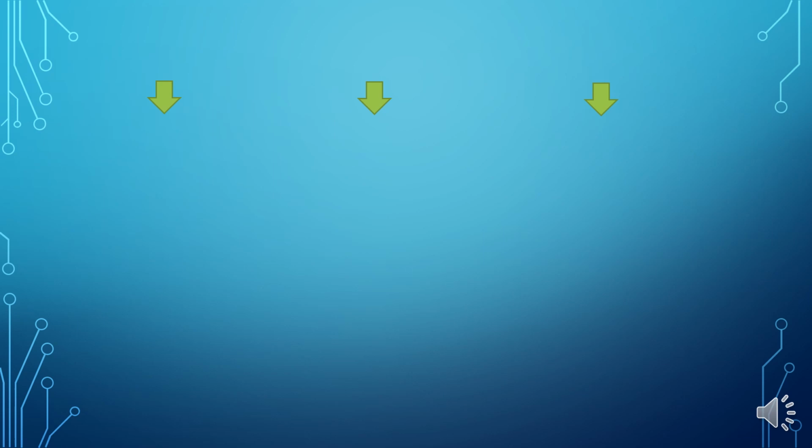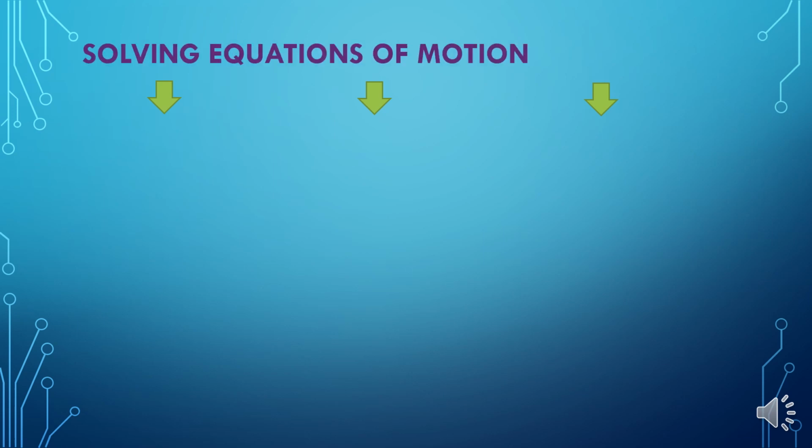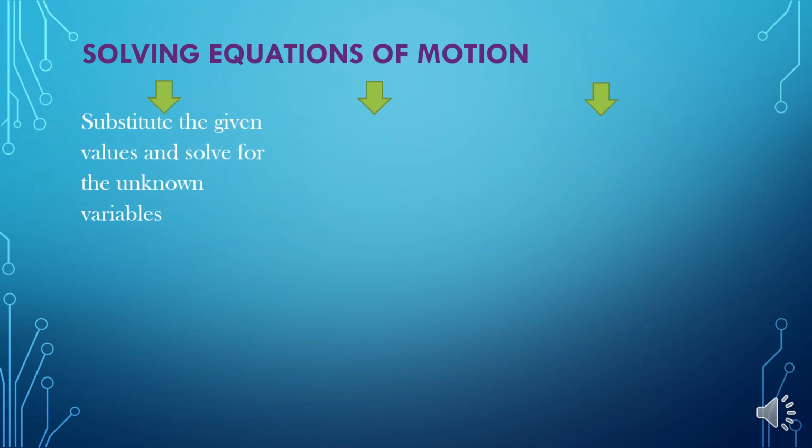Now there are things you need to know when applying these equations of motion in solving problems. First, substitute the given values and solve for the unknown variables. You identify the values given in the question, substitute them into any of the equations you think can give an answer, and then solve for the unknown.